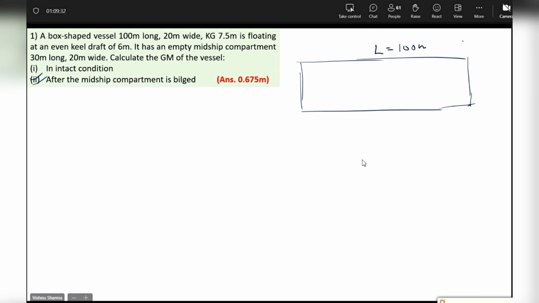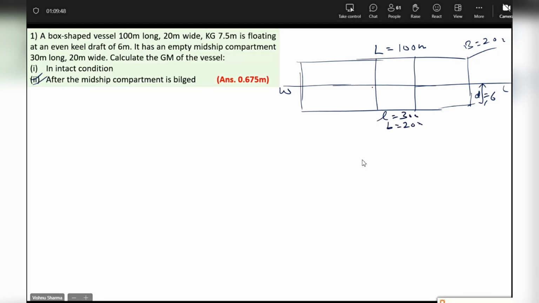Length 100 meters, breadth 20 meters, floating at an even keel draft of 6 meters. D is equal to 6. Midship compartment, length 30 meters, breadth 20 meters is bilged. Now I'm shading the lost buoyancy. My lost buoyancy would be this when it gets bilged.